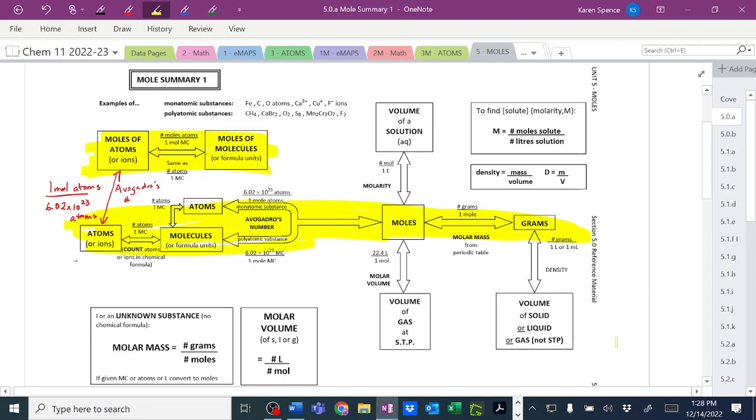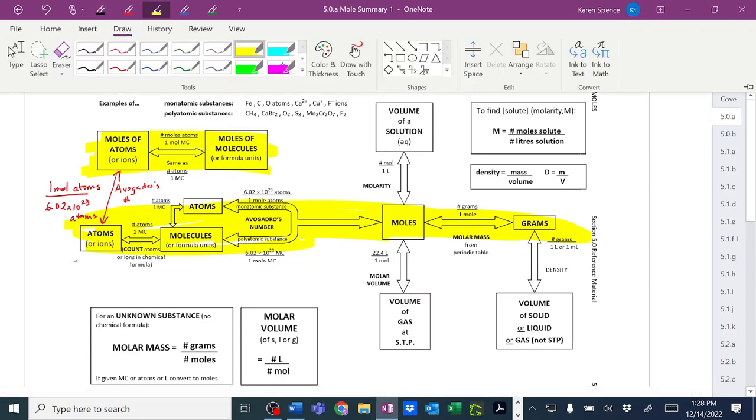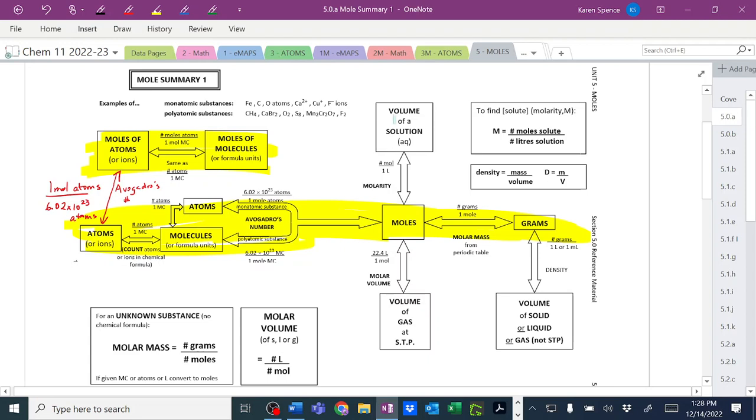Now we're going to add in, this is not on the quiz, volume of a solution going to moles and back. Okay? And from there, if you can go from volume of a solution to moles, you can go to grams, you can go to particles, okay? But for today, the only conversion we're doing is between moles and volume.